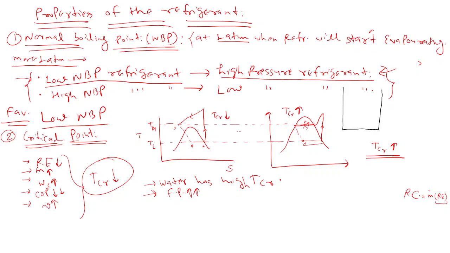Another thing: the third property is the freezing point. What should the freezing point be? The freezing point should be less, right? The lower the freezing point of our refrigerant, the better it is for us, because at lower temperature it will not freeze, so it will work for our refrigerant, right?